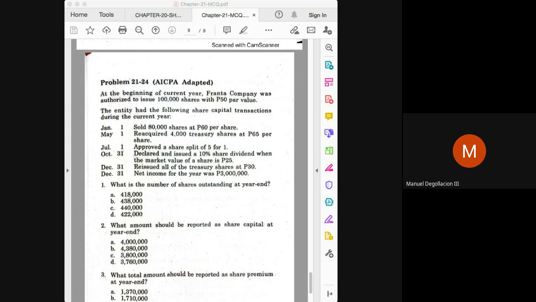So total issued shares at this point was 400,000. 80,000 times 5 would be 400,000. Okay.